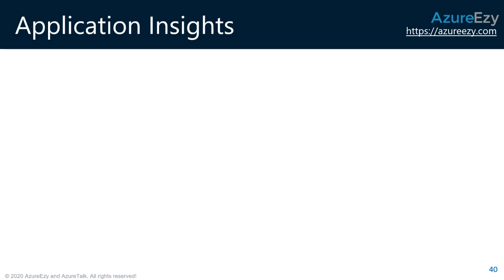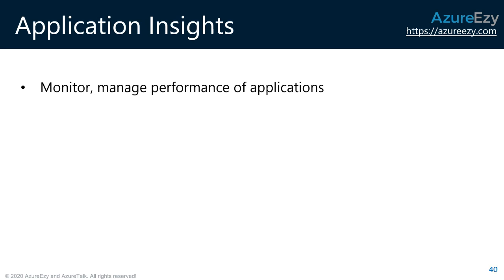Now, moving ahead in the same section, there is something called Application Insights. From the developer perspective, Application Insights is very interesting and very important. Why? Because it gives you a lot of things that help you look at insights for your applications. Using Application Insights, you can monitor the performance of your applications.